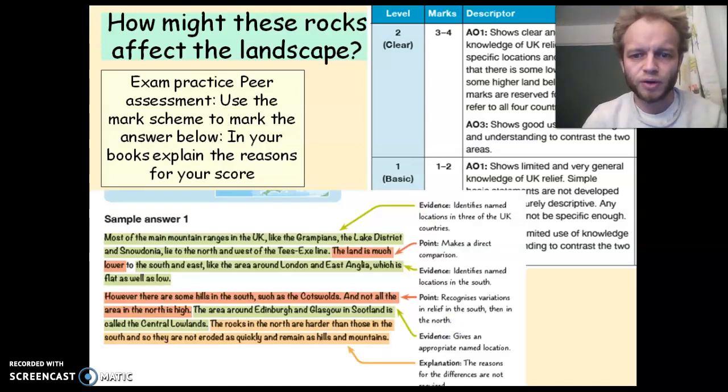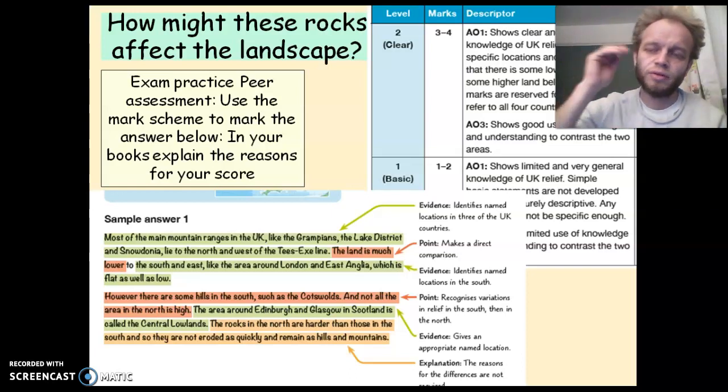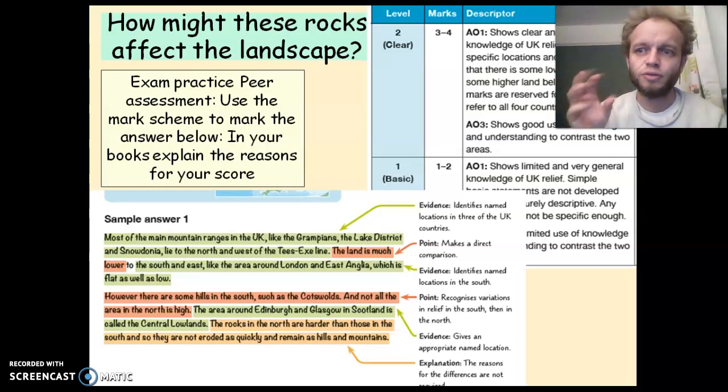Okay, so from this one we can see throughout that there's lots of really good evidence. They're mentioning specific places, they're identifying places both north of the Tees-Exe line and south. So specific places throughout, which is really great. They're making a clear point, saying exactly what they're saying in terms of the landscapes.